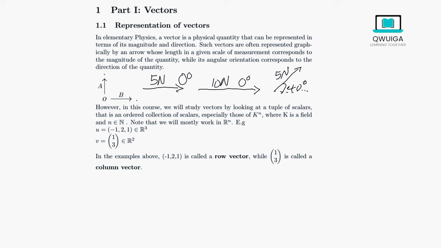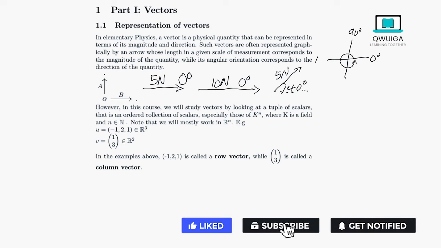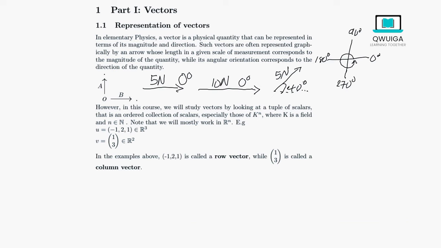On the plane, we count the angular direction anti-clockwise. So this is 0 degrees, this is 90 degrees, this is 180 degrees, this is 270 degrees, and by the time you come back here, it's 360 degrees. This is how we represent these vectors.